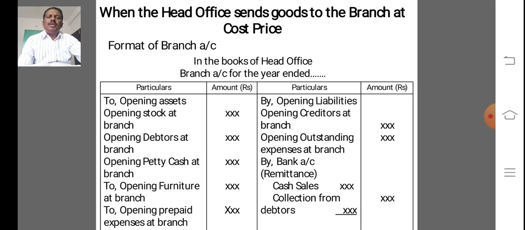So, coming to the debit side, first we are entering opening assets.